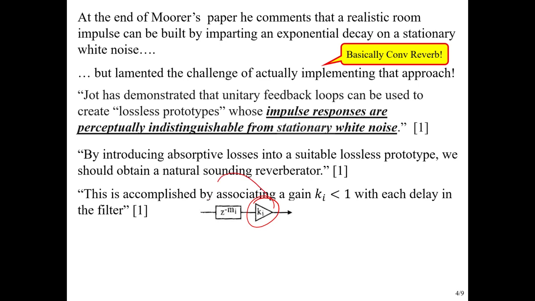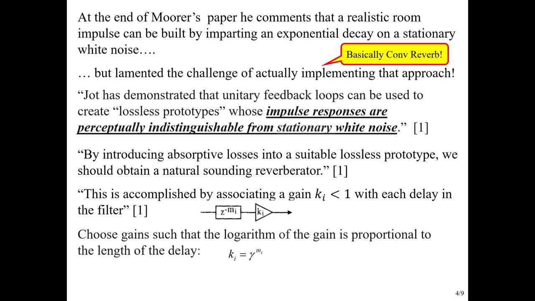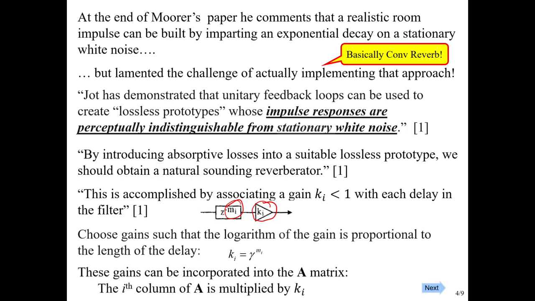And it doesn't matter whether you put that after or before. So now how do we choose those things? We choose the k sub i's so that the logarithm of the gain is proportional to the length of the delay. So that puts a connection between the k sub i and the m sub i. So that's going to give us some sort of decay that is connected to the amount of delay that's happening in that leg.